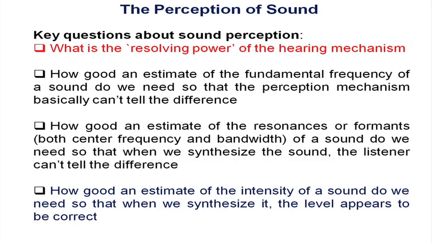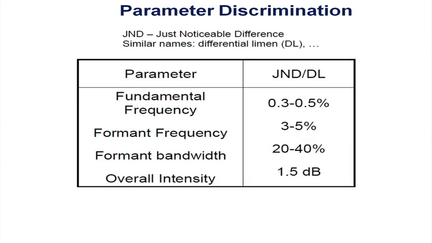How good is the estimation of the fundamental frequency? In the frequency domain and the intensity domain, there are some parameters. For fundamental frequency, the resolving power is 0.3 to 0.5%.